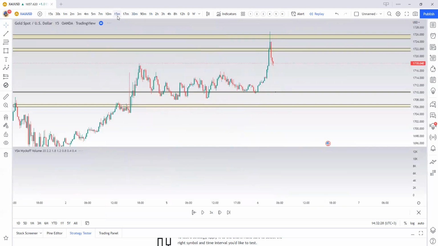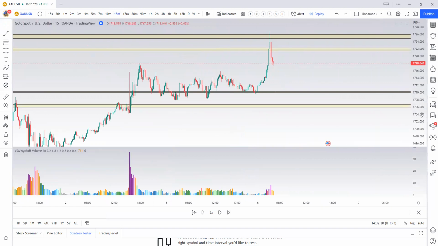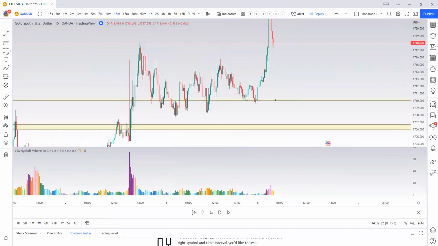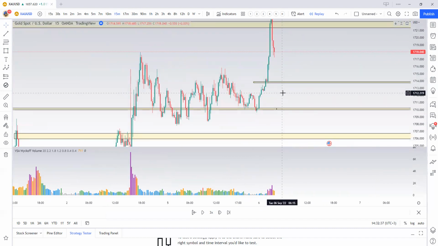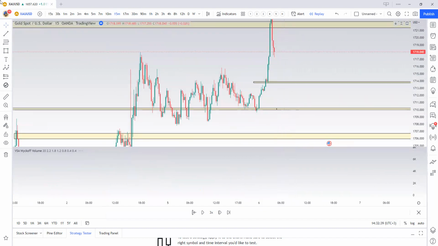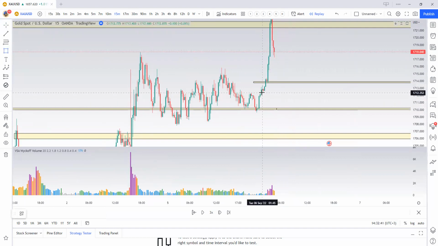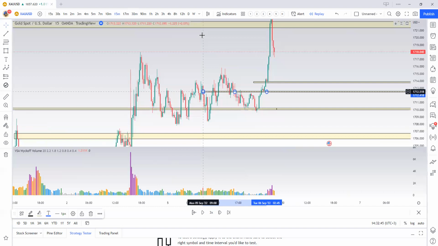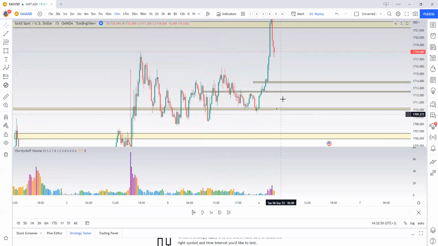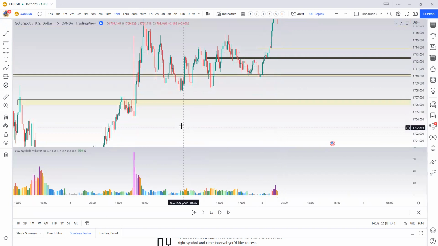Let's look into the 15 minute. We have basically this support right here. If it gets respected, we'll get out of the trade. If it doesn't get respected, we'll continue on. And we have this support right here. If it gets respected, it gets respected. If it doesn't get respected, we'll continue on to this target and possibly way lower targets.